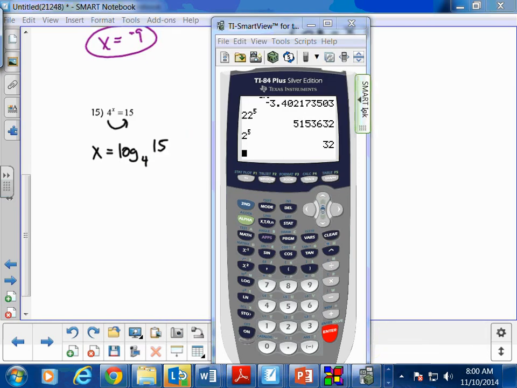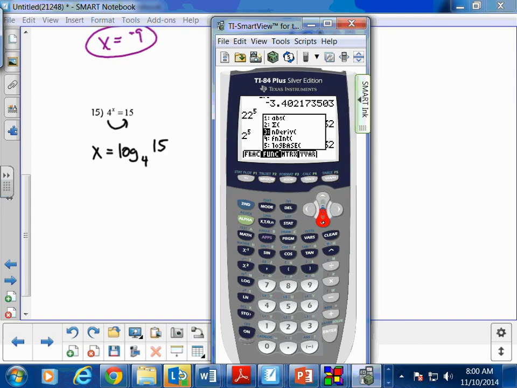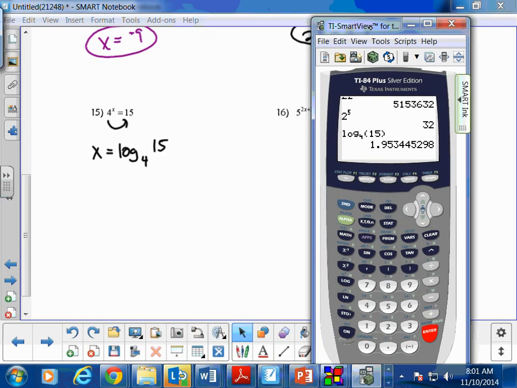I'm going to go to alpha window because I'm going to use the one with the change of base formula. Enter. I put in 4, 15, and there it is, 1.9534. So x is going to be equal to 1.953. That's the answer on this one.